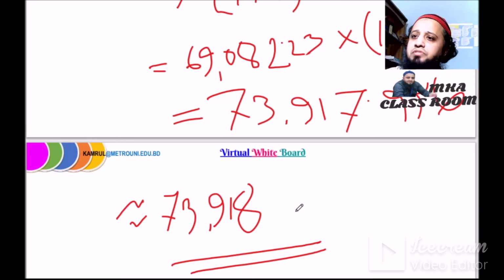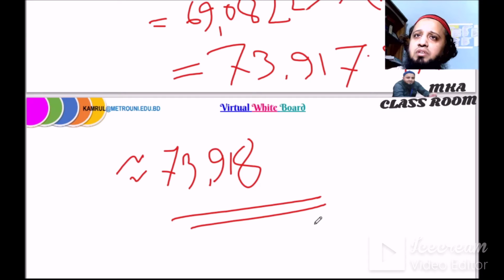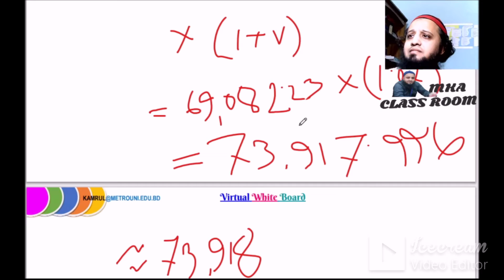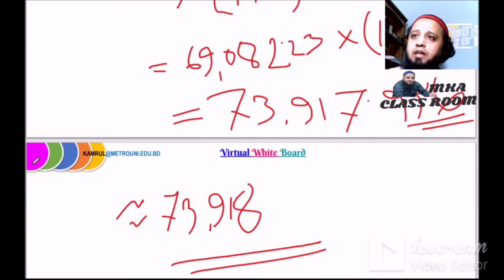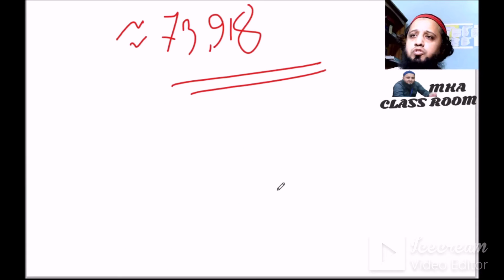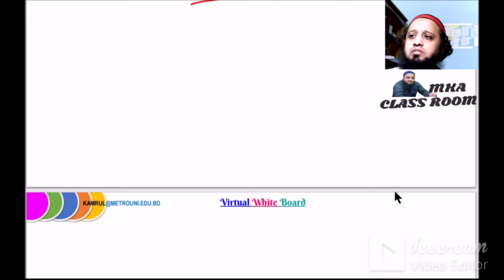It should differ slightly, 2 taka, 3 taka, or maximum 5 taka, because in a table we skip several decimal points. That's why the result may be a little bit different, not too much.